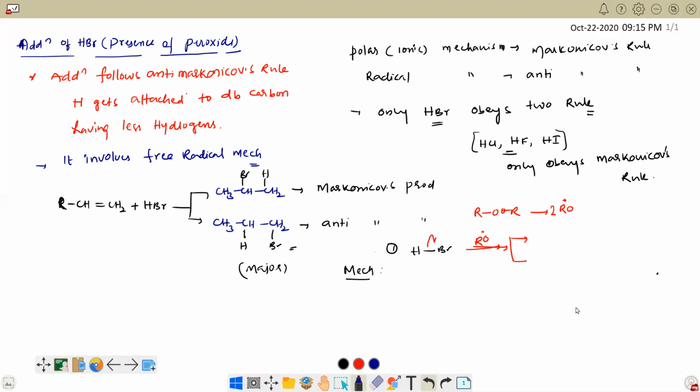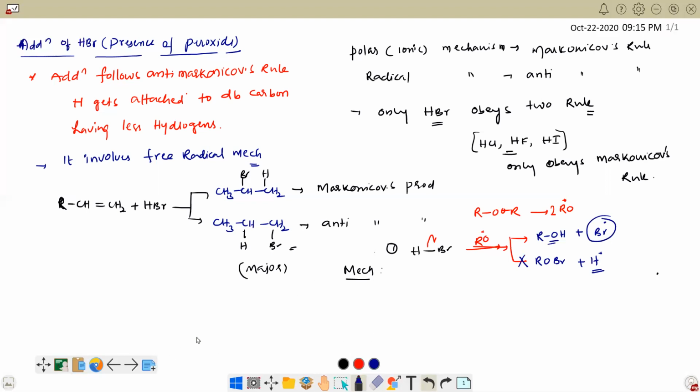The RO radical gets coupled with hydrogen, or RO radical gets coupled with Br. Which involves more energy? Hydrogen radical is less stable, so it won't form. So alcohol is formed and it leaves Br radical. Understood? Step 1. Yes, sir.